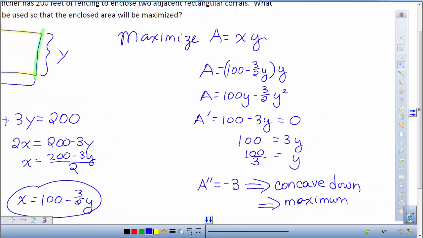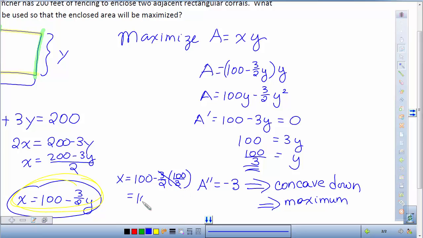Well, we found our y value, so now to find the x value that goes with that, we're just going to plug that y value back into x equals 100 minus 3/2 y. So x equals 100 minus 3/2 times the y value we just found, which was 100 over 3.